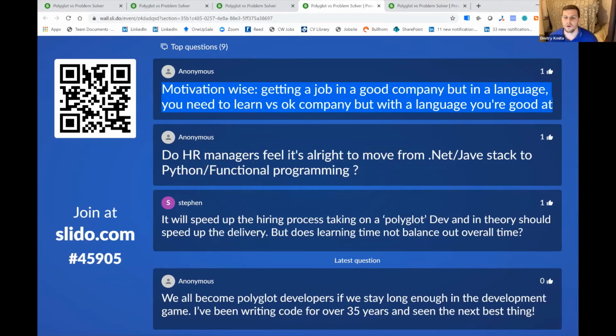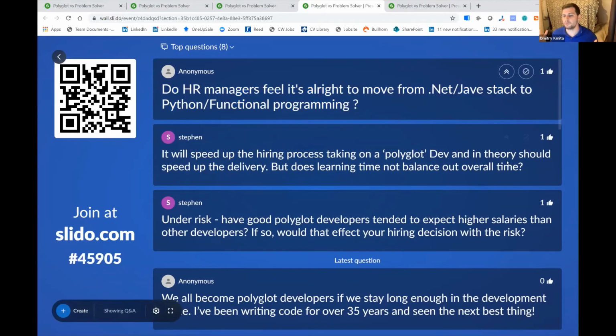But yeah, I get that, but you need to understand one thing, that you can work for a massive, very big company on the market, but solve some very basic problems.